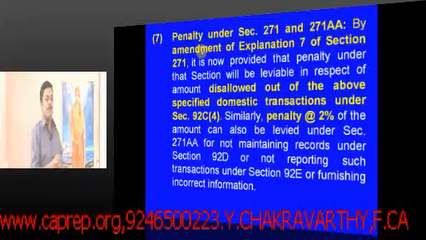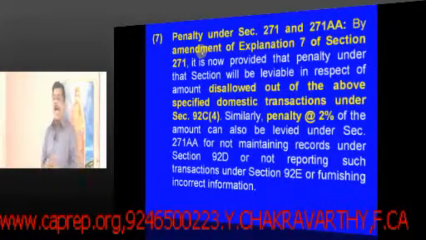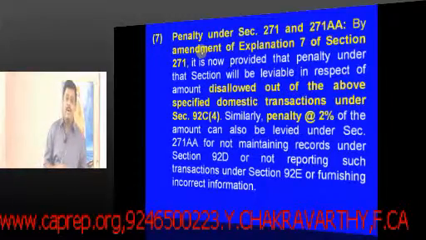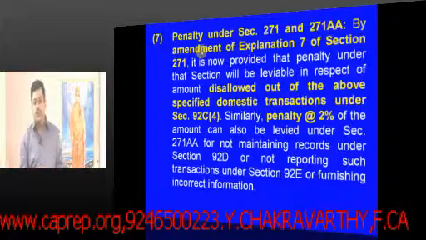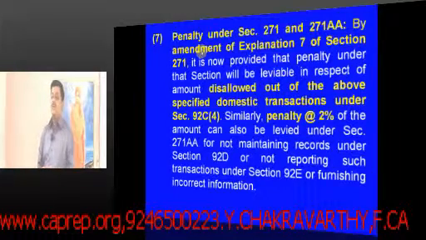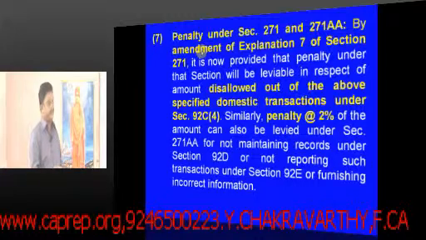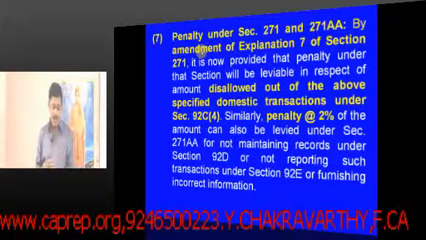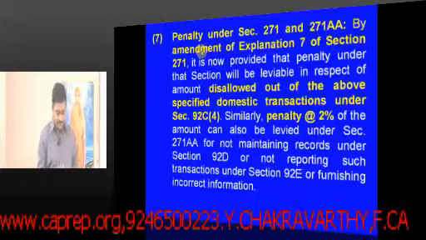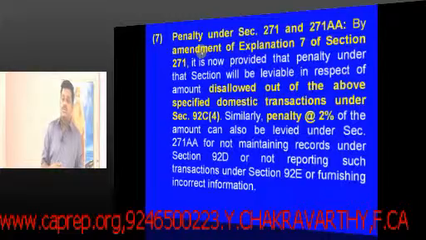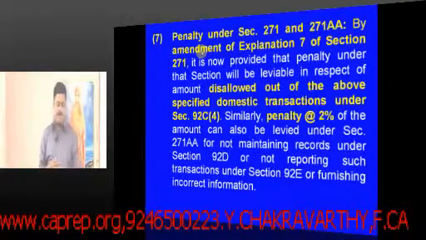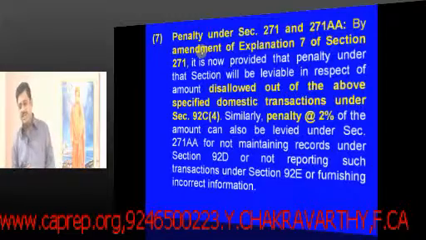Section 92BA has been inserted by the Finance Act of 2012 to extend transfer pricing provisions to specified domestic transactions.